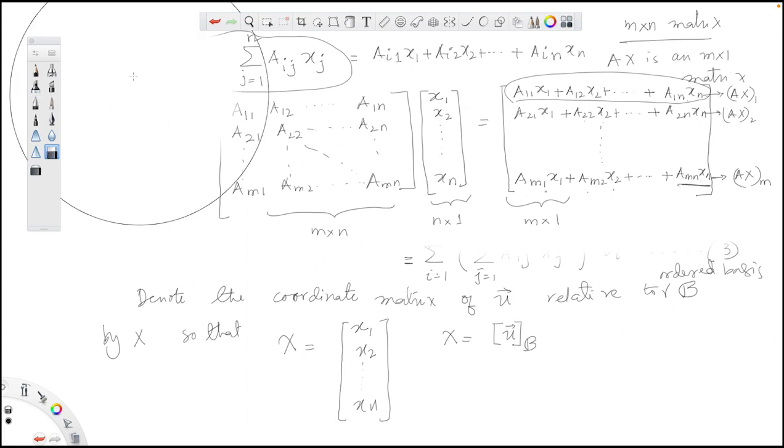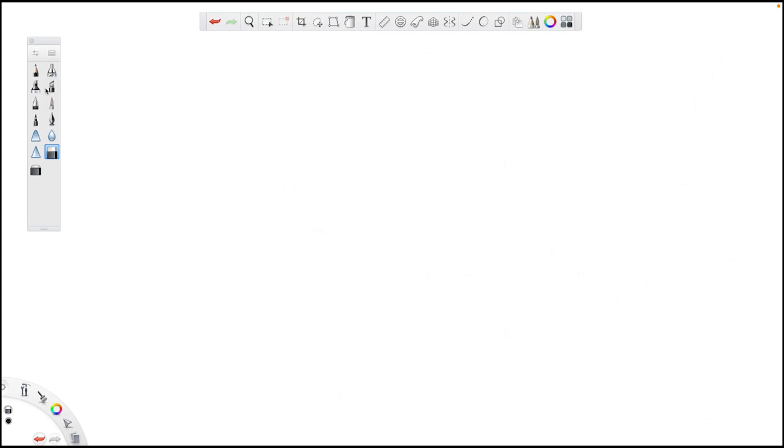All right, good. So we see that if we denote the coordinate matrix of this vector u in the ordered basis B by x1, x2 all the way down to xn, and we denote this column by x, then the m times n matrix acting on this column vector x is nothing but this expression, where j runs from 1 to n, the sum of aij xj.